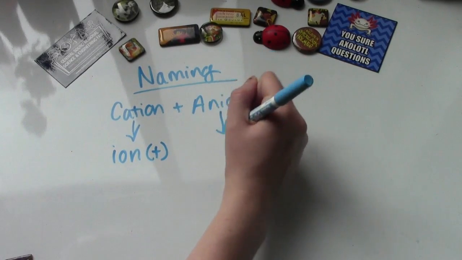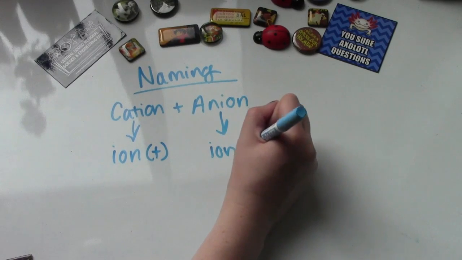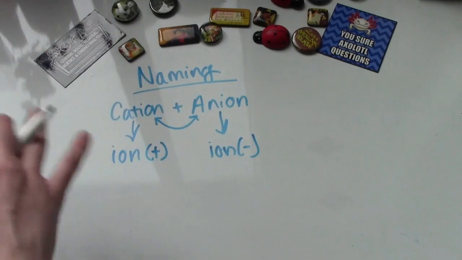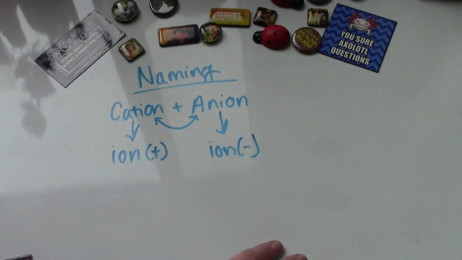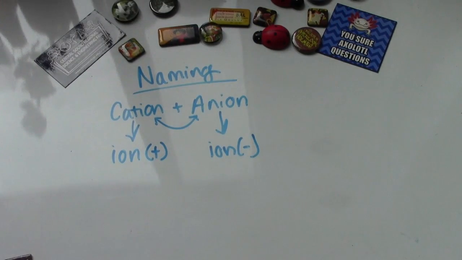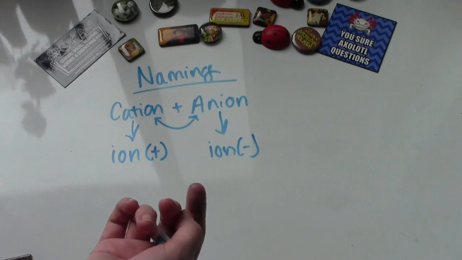An anion is an ion with a negative charge. But they both qualify as ions because they both have a change in number of electrons. A lot of compounds are split up into cations and anions, and that's how we identify how to name them.